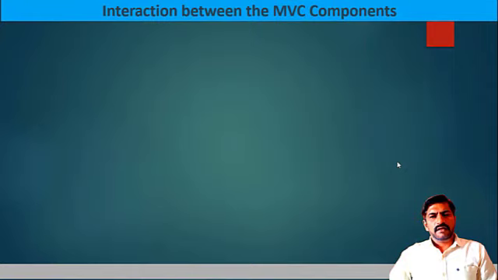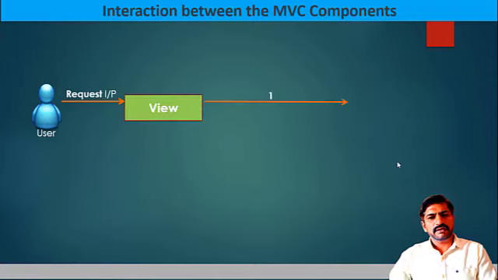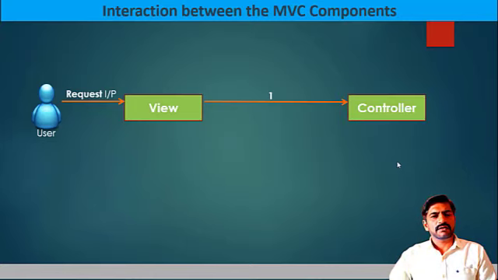Let's see how these components interact with each other. So the user requests the input through the view. The view passes that input, that is the request, to the controller.